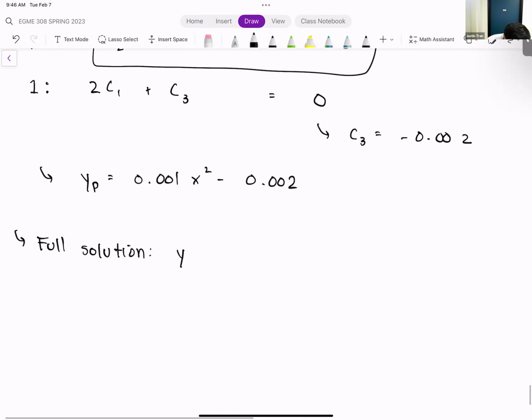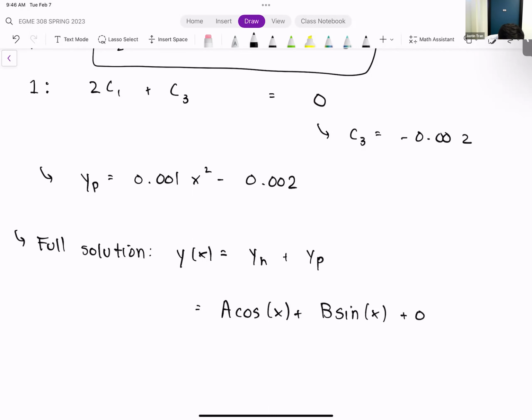And so our full solution y of x is going to be yh plus yp. So we put it all together, we have A cosine x plus B sine x plus 0.001x squared minus 0.002.